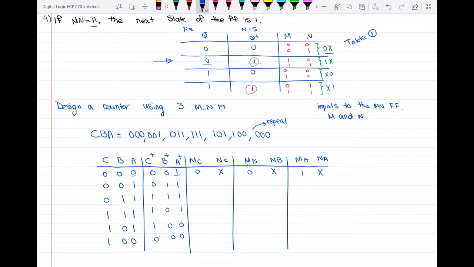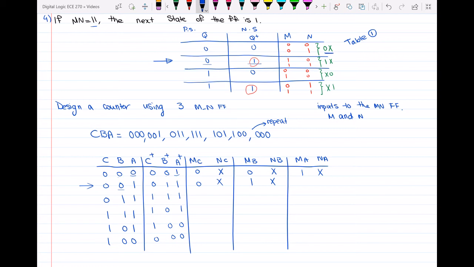So now I know that wherever I have 0, 0, we have 0X. Whenever I have 0, 1, which is for B, so now I'm in row 2. B is 0, B plus is 1. So for 0, 1, in table 1, we had 1X, right? And then for A, we have 1, 1.